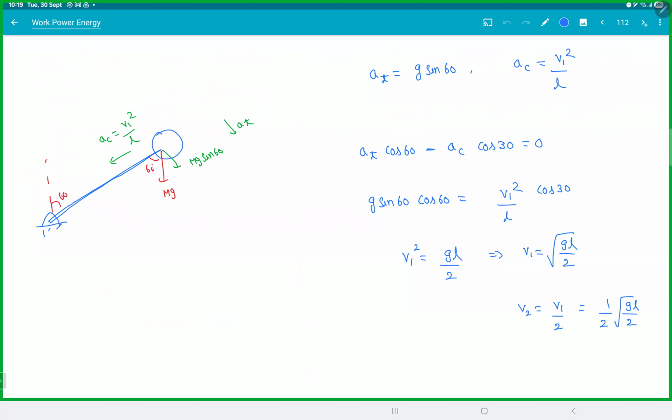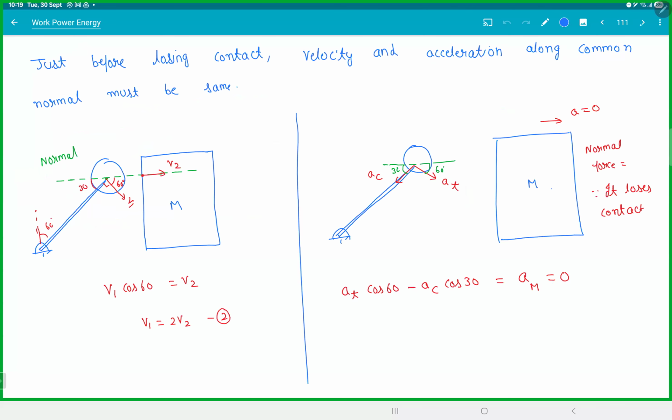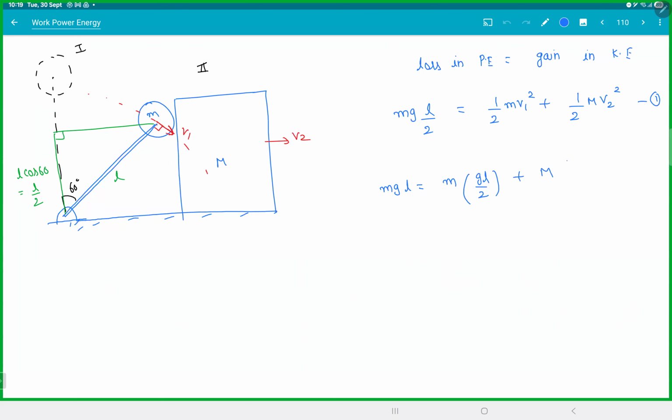How much is V1? V1 is root GL by 2, plus capital M. How much is V2? V2 is 1 by 2, so 1 by 4 times GL by 2. GL also cancels everywhere. You get m is equal to m by 2 plus M by 8. So we get m by 2 is equal to M by 8. We get M by m is equal to 4.